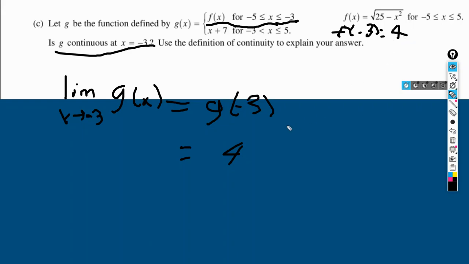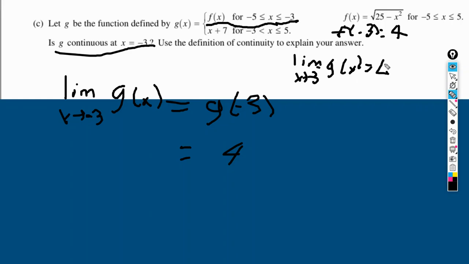The only time there's a domain issue is when you go to the left of negative 5 or to the right of 5, because that makes x squared greater than 25, making this the square root of a negative number. So since we don't go outside of there, there's no issues, it is continuous. So we know the limit from the left, the limit as x goes to negative 3 from the left of g of x, is 4.